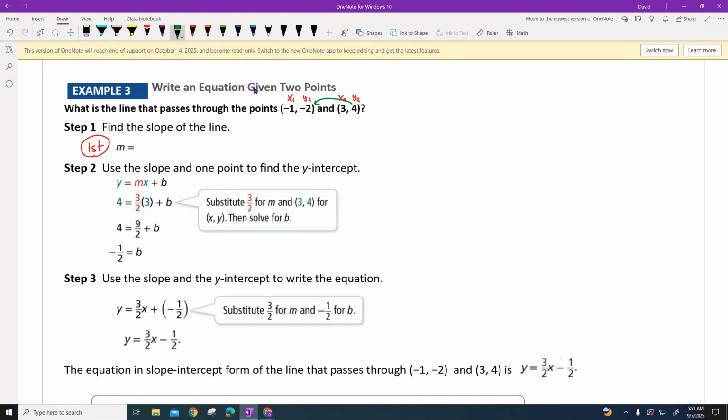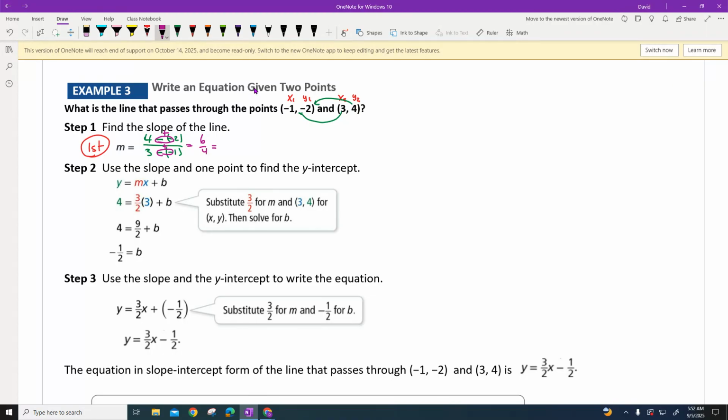That's what I do, I take an arrow and I draw from this guy to this guy, and I say 4 minus, that's in the formula, minus 2 over, and then I draw a line underneath, x sub 2, which is a 3, minus 1. I put these guys in parentheses like that because this is the negative that's in the formula. Circle the minus minus, that becomes a plus, that becomes 6. Circle the minus minus, that becomes a plus, so 3 plus 1 is 4.